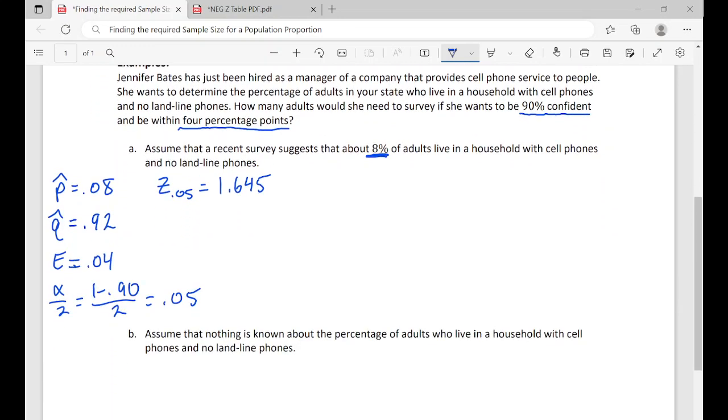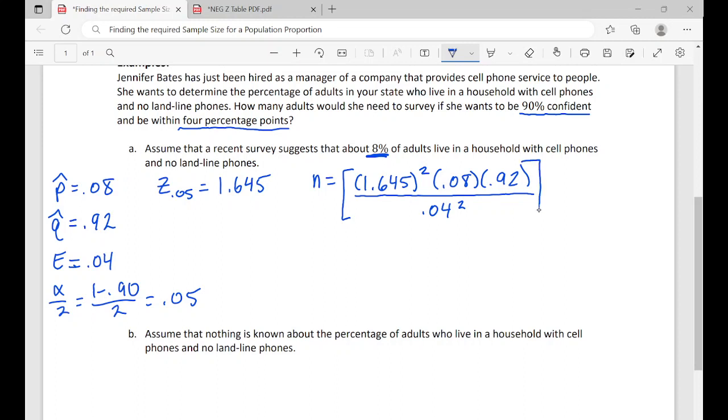So n equals, in brackets, 1.645 squared times p hat, so 0.08 times 0.92, all over 0.04 squared. And now we just run this through, and we're going to end up getting a decimal.